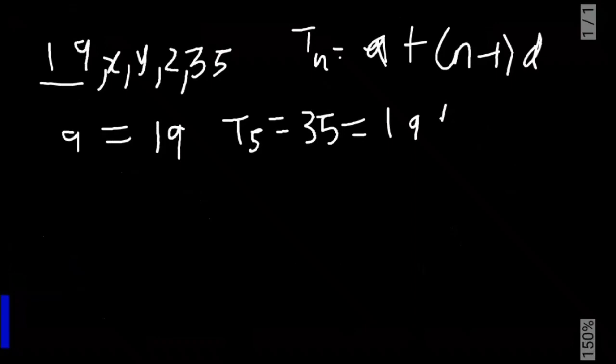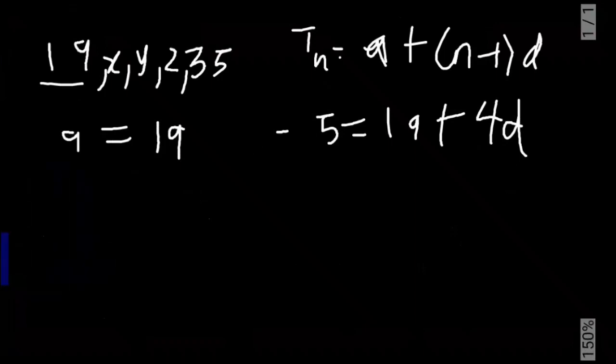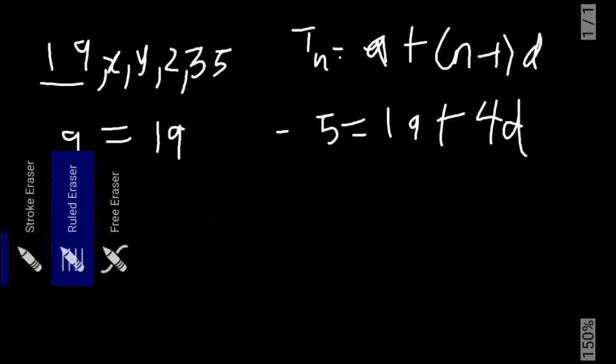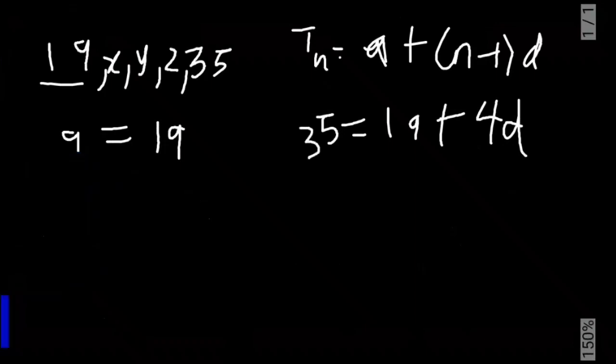So 35 equals 19 plus n minus 1, that is 5 minus 1, that is 4, times d. We don't have d. So from here, we can get the value of the common difference. Subtracting 19 from both sides, we have 35 minus 19 equal to 4d.